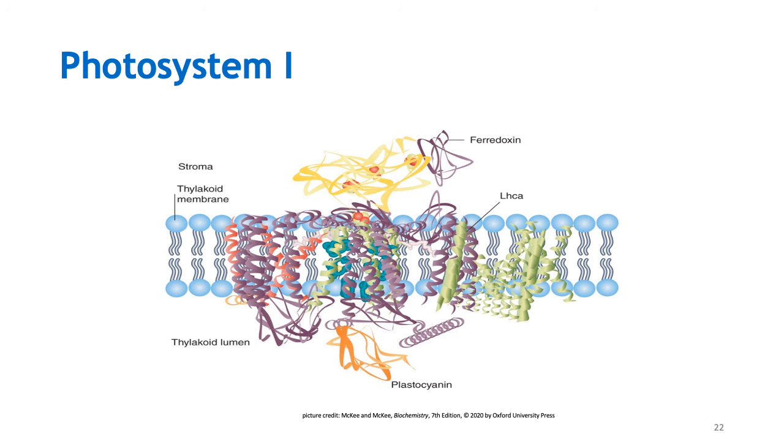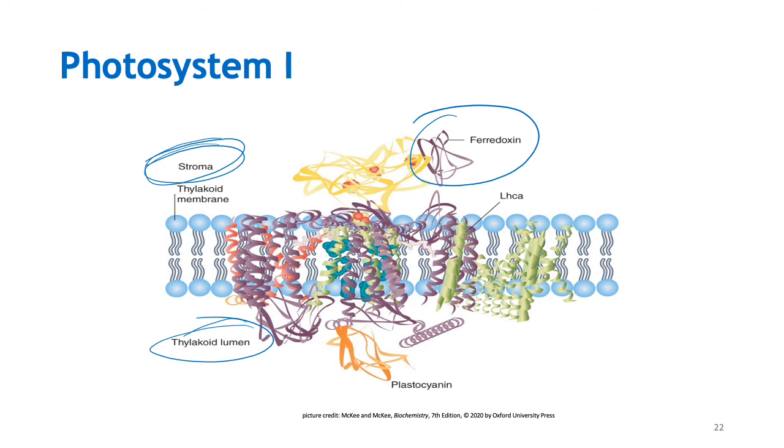And so here's a photo of photosystem 1. You don't need to know any of this, but I just wanted to show you that it does span the entire membrane, full of secondary structure. You see the alpha helices, you see the lumen right here, you see the stroma right here. The lumen being the interior parts of the thylakoid and the stroma being the exterior parts. And there's ferredoxin right here, ready to receive the electrons derived from this photosystem.